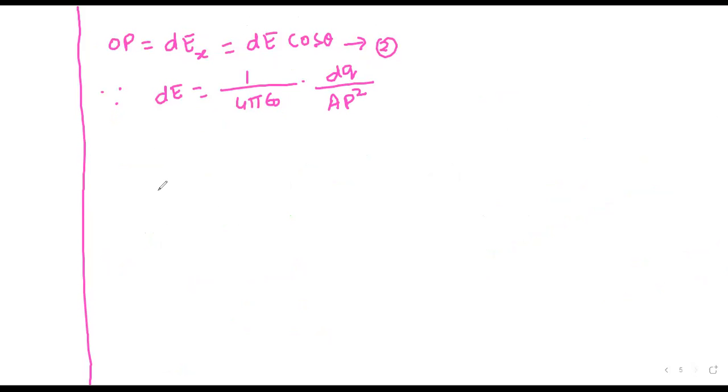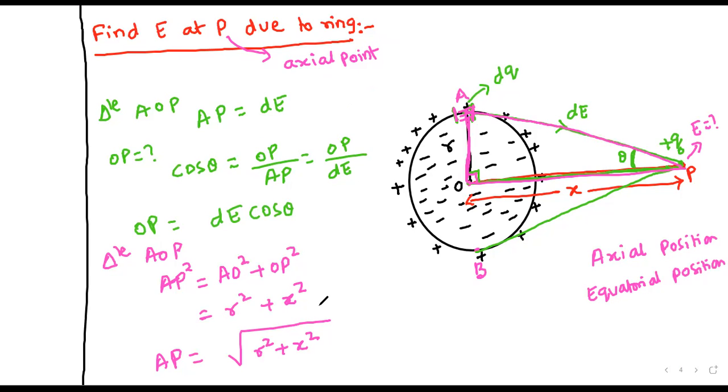So I can write 1 by 4 pi epsilon naught dq. We know the value of AP, so AP square means R square plus x square.